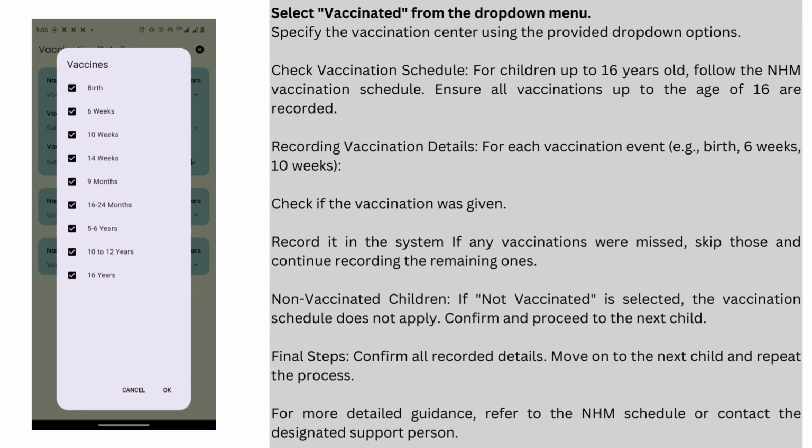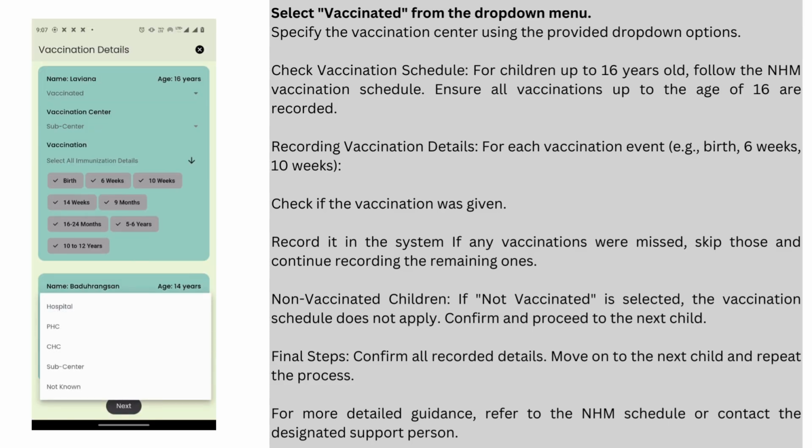In that case, it is okay, it is still accepted as vaccinated. But if the person is not vaccinated, then this schedule will not come into picture. We'll give okay here, and then go to the next child for the vaccination detail.